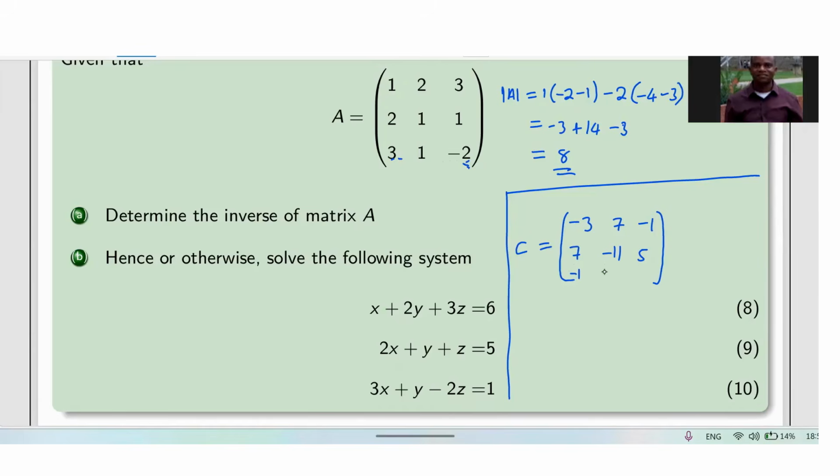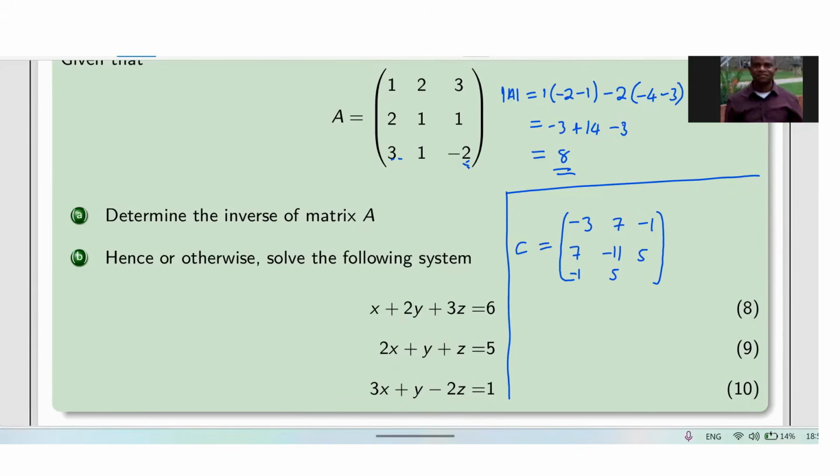The second element in row 3, its minor is simply 1, 3, 2, 1. So the determinant is 1 times 1, which is 1, minus 2 times 3, which is 6, so 1 minus 6 is negative 5. And the sign there is negative, so negative times negative becomes positive.